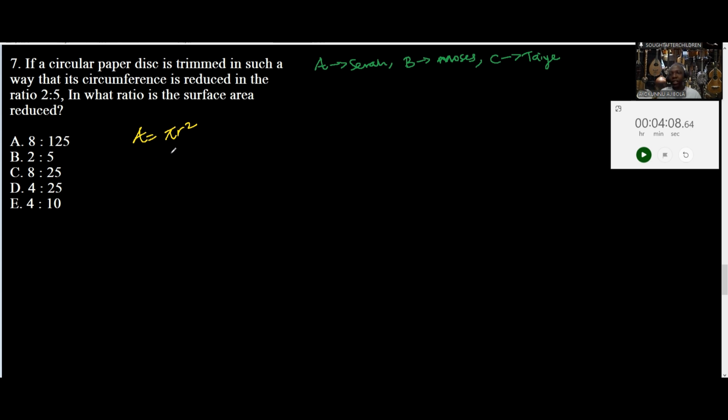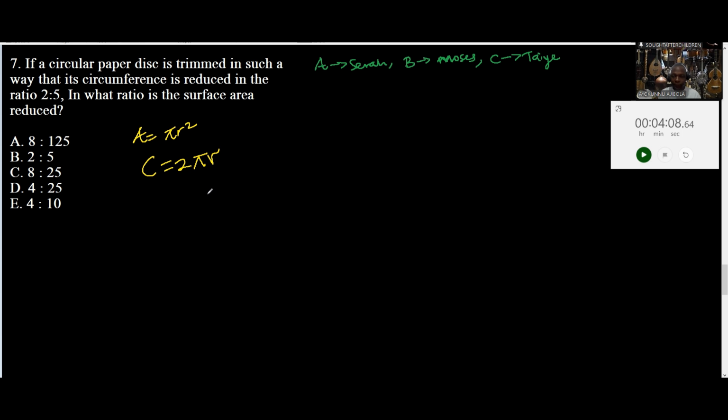So if the area of a circle is pi r squared, and the question says the circular paper is trimmed such that the circumference is reduced in the ratio 2 to 5. So circumference is 2 pi r, okay?